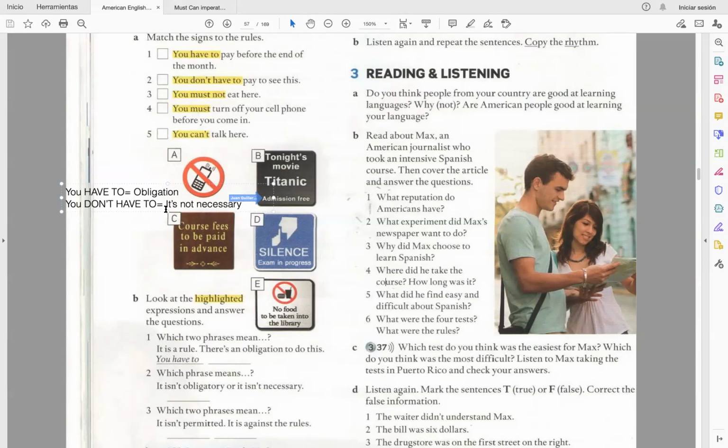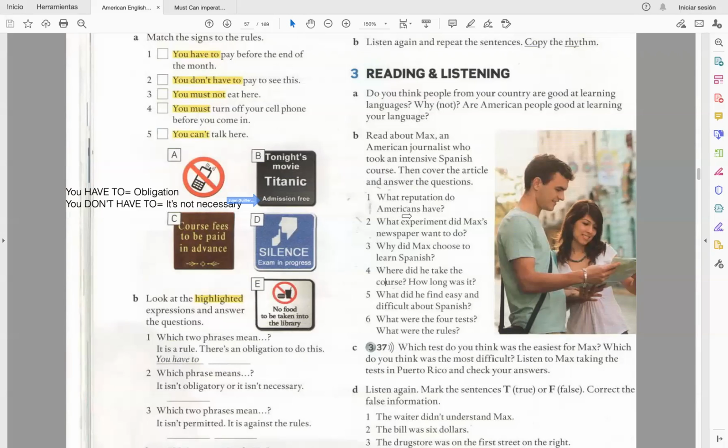No es necesario. ¿Y por qué no es necesario? Porque dice admission free. You see? It says admission free. Acceso gratis. ¿Entendieron esa diferencia, chiquillos? Porque es súper importante que la logren entender. ¿Sí?